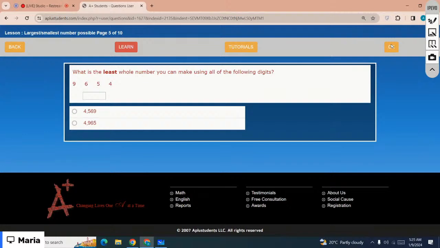Least whole number you need to make, right? So, the correct option is, yes, very good. That is 4,569. Option number one is the correct option.